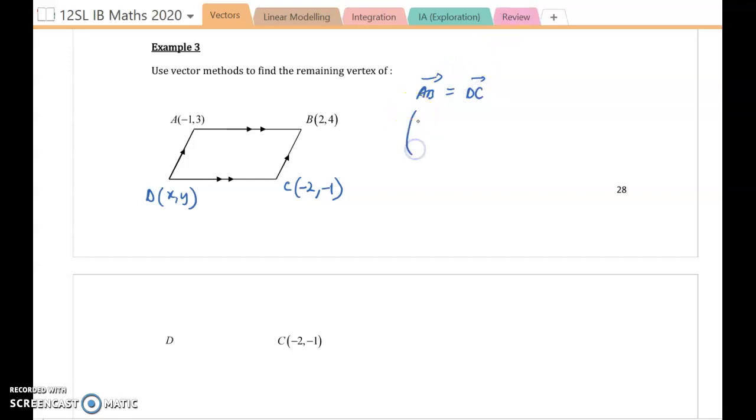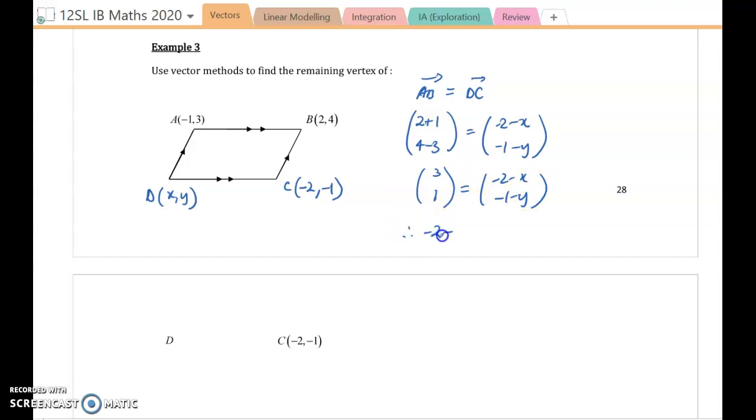So vector AB would be 2 minus -1, 2 plus 1, 4 minus 3, and DC is -2 minus X, -1 minus Y. Now you've got 3 and positive 1 equals -2 minus X, -1 minus Y. So hence, -2 minus X equals 3. So X equals -5, and 1 equals -1 minus Y. So we're just equating the vertical and horizontal components to give D.